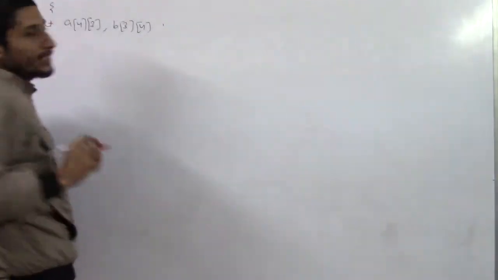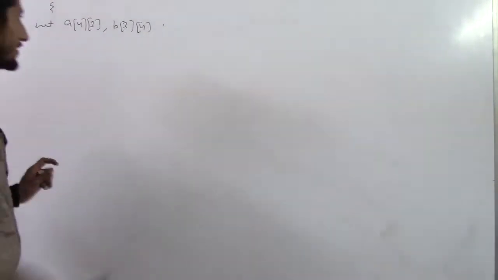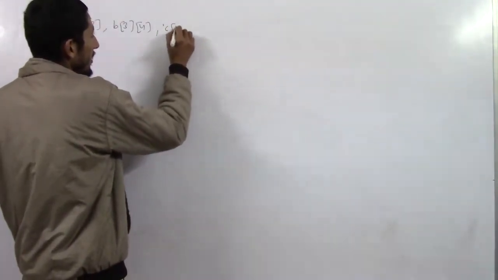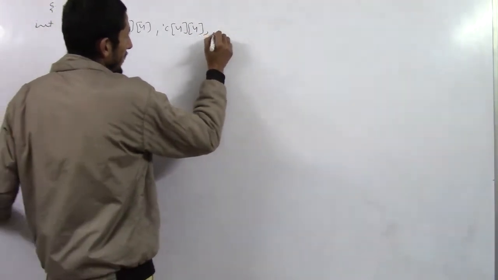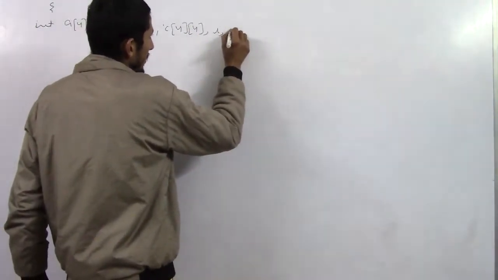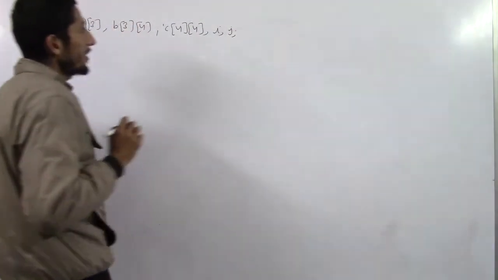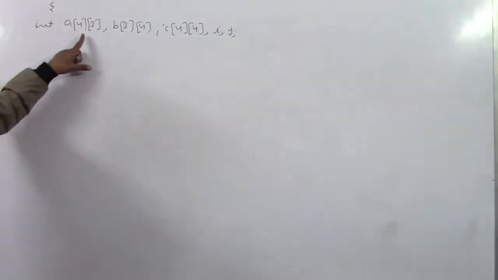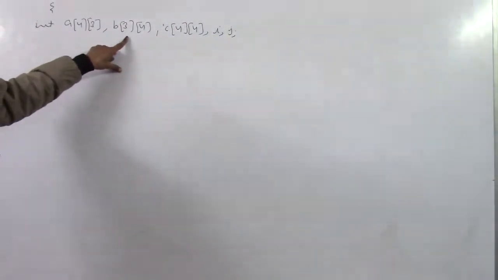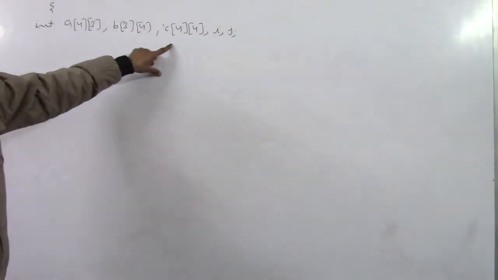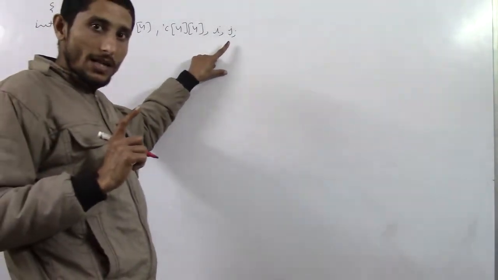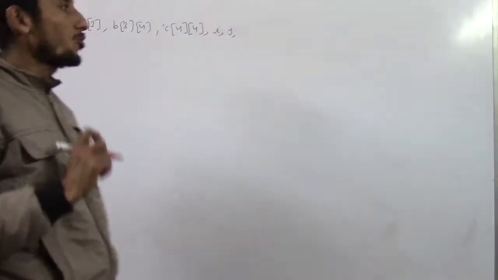The moment I multiply these two matrices, I will get a resultant matrix C of size 4 cross 4. And I have a variable i for the loop and j for the loop. So I have taken a matrix A multiplied by B, and I will get the resultant matrix as C, and I have taken two variables i and j for applying loops.